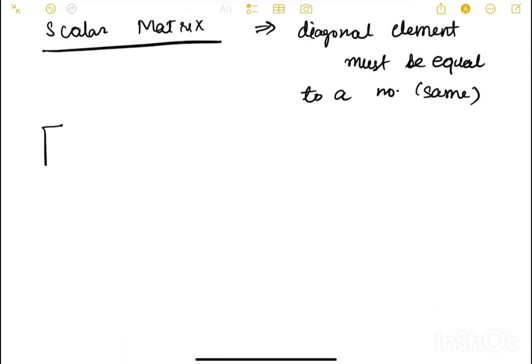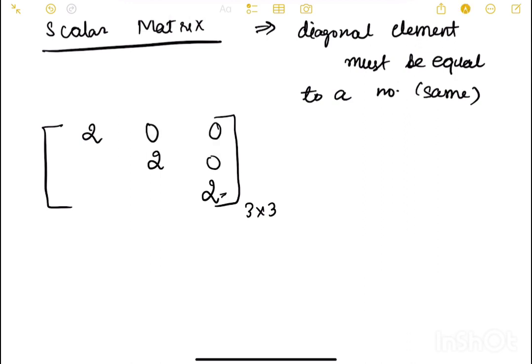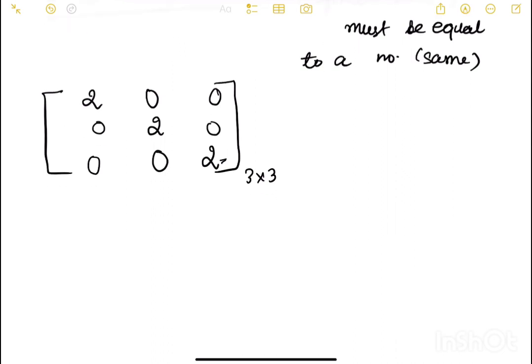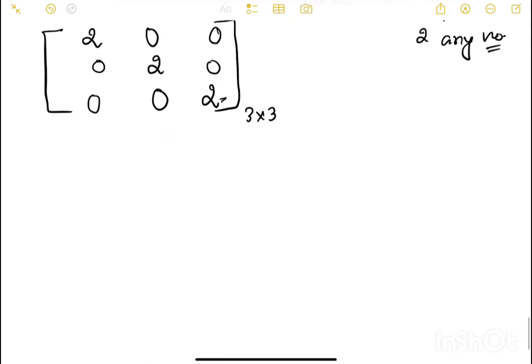What do I mean by that? Let us consider a 3 cross 3 matrix. Along the diagonal, the number will be the same. Here I am considering 2, and the non-diagonal elements will be 0. The number we have here, in this example 2, can be any number. I am not constraining that it has to be only 2. In general form, this is my matrix. Now here m is equal to n.